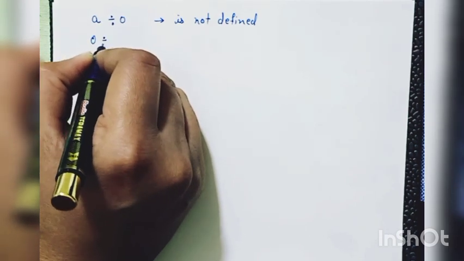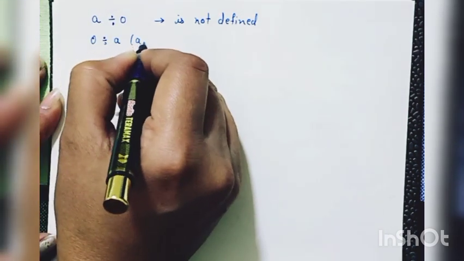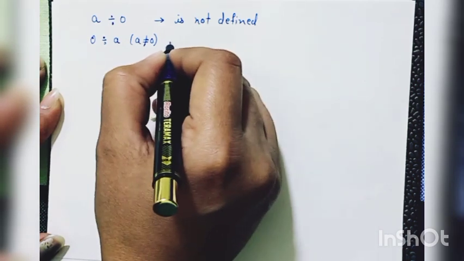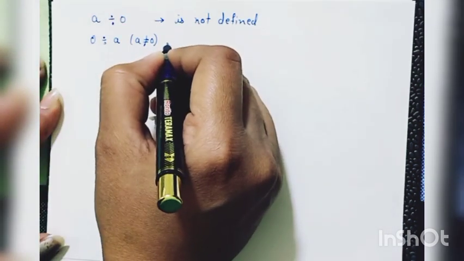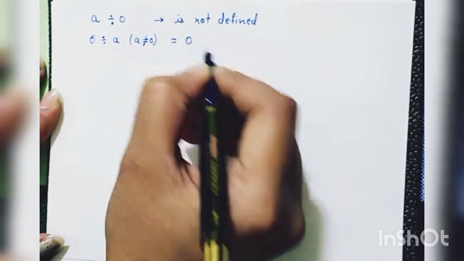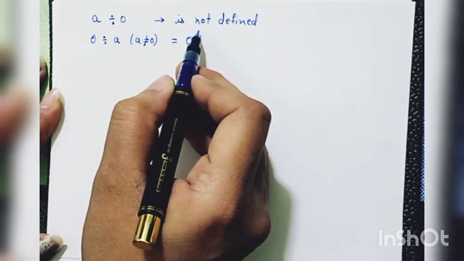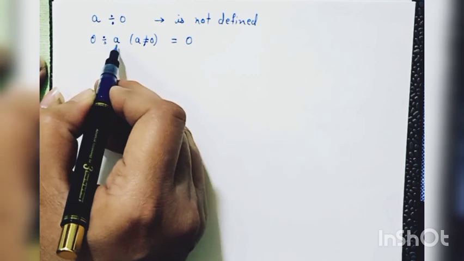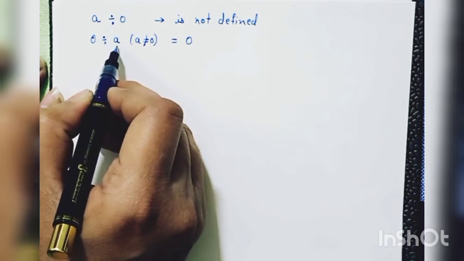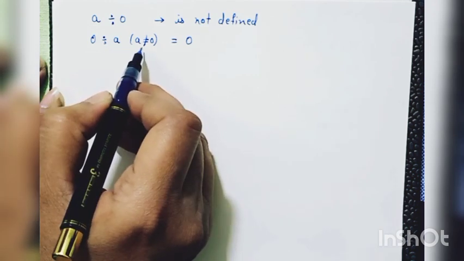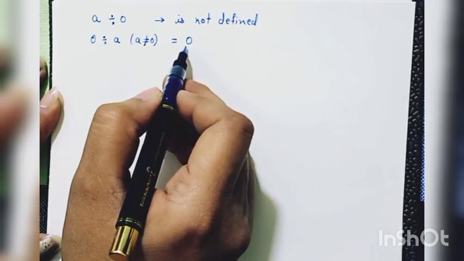But in the case of 0, if it is divided by a, where a is not equal to 0, then the answer will be 0. It means if a is divided by 0, it is not defined, but if 0 is divided by any integer a, either negative or positive, but can't be 0, the answer will always be 0.